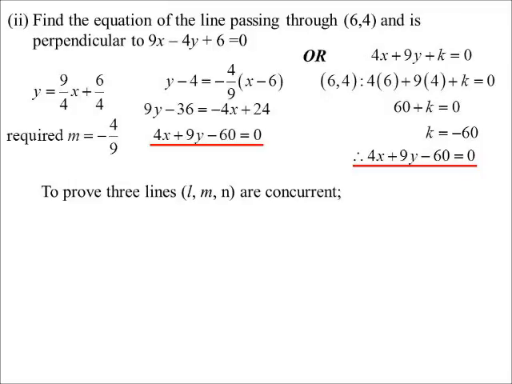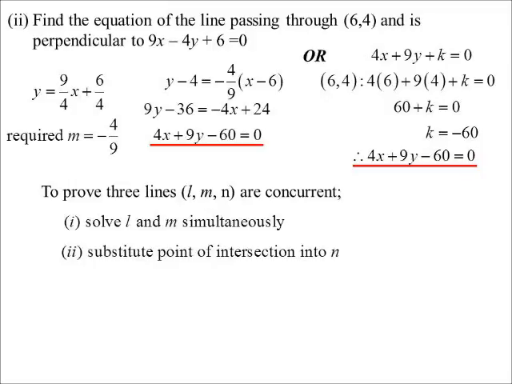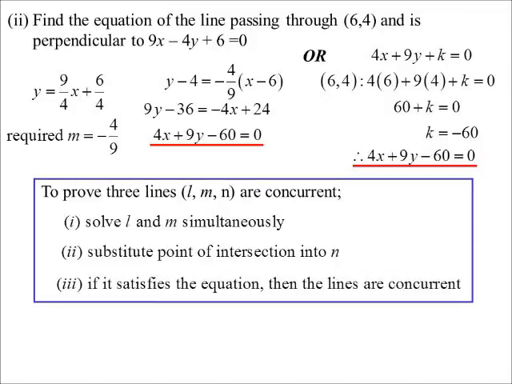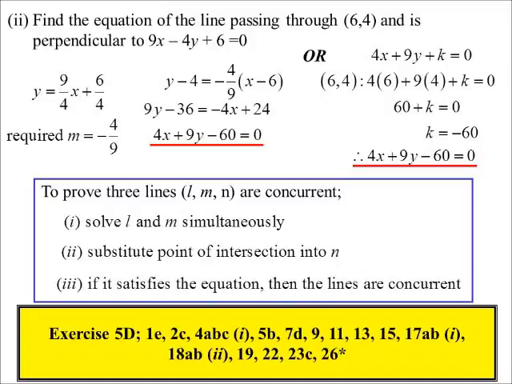What I would do is I'd pick a pair, solve them simultaneously. That'll get me a point of intersection. Now, if that point of intersection also lies on the line that I did not use, then all 3 must go through that point. So that's how I would do it. I think that's the quickest way to prove concurrency. Okay.